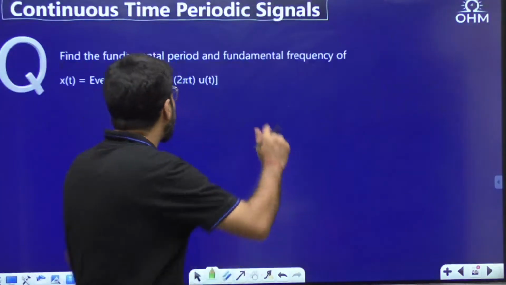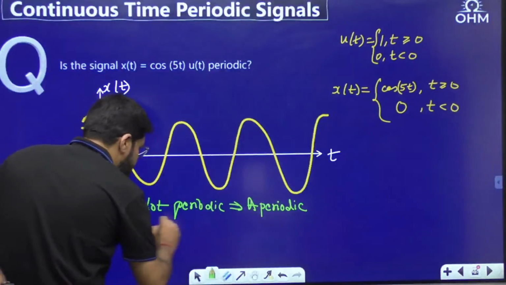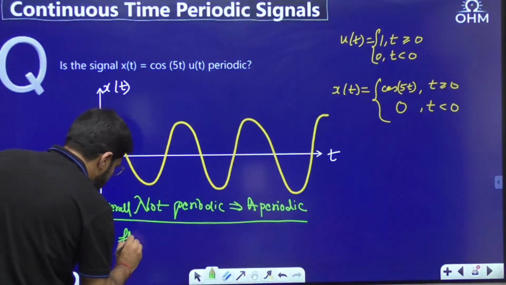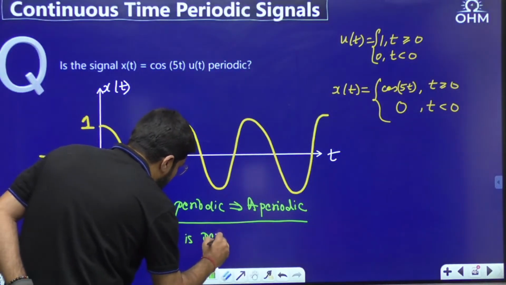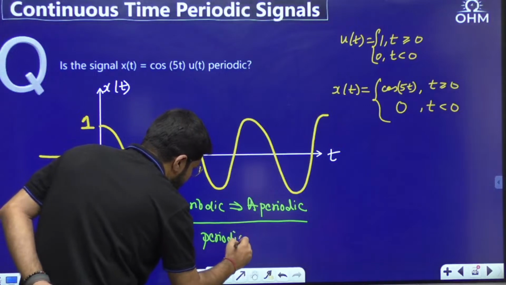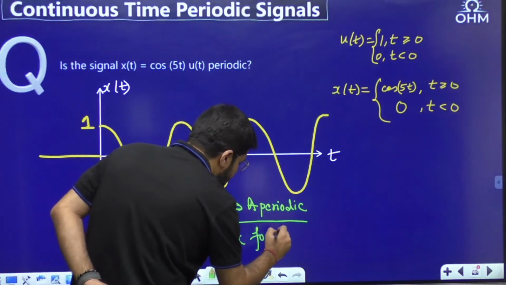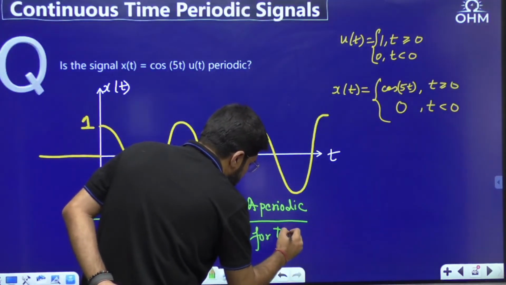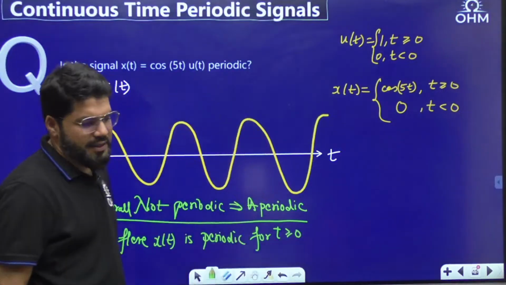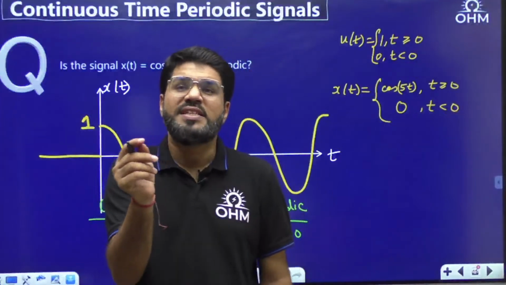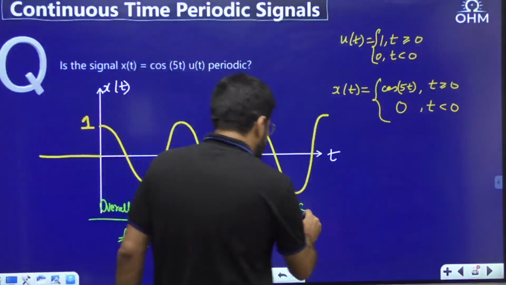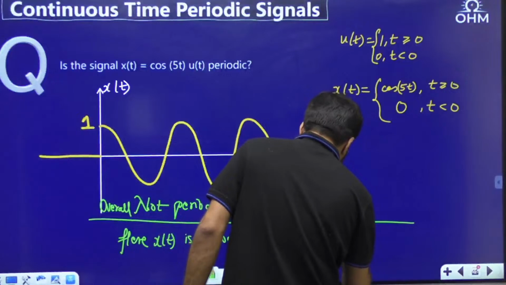But this particular signal, cos 5t u(t), is periodic. Not overall periodic, I accept, but it is periodic only for t greater than 0. Whenever a signal is periodic for t greater than 0, it is also known as a switched periodic signal.